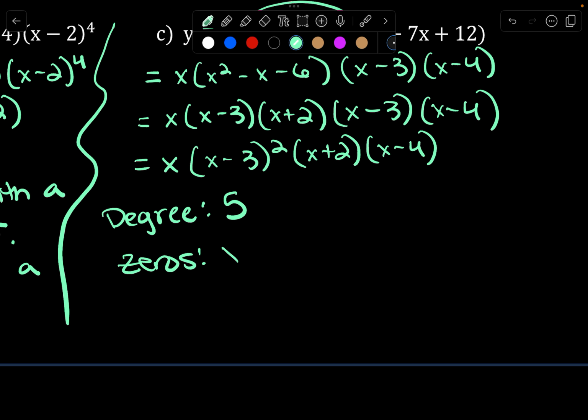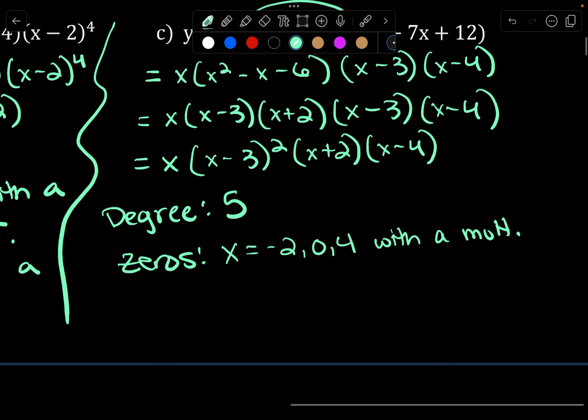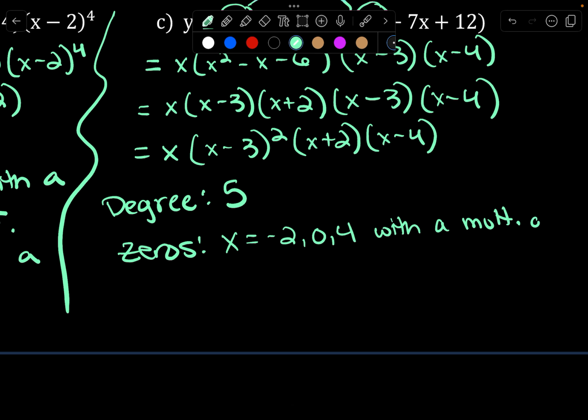So I'm going to do x equals -2, 0, and 4 with a multiplicity of 1. And then we have x equals 3 with a multiplicity of 2.